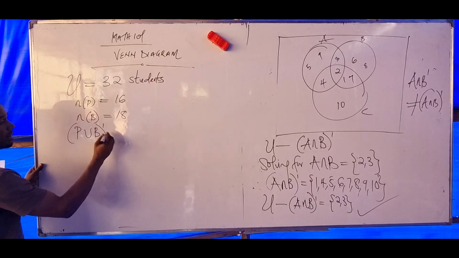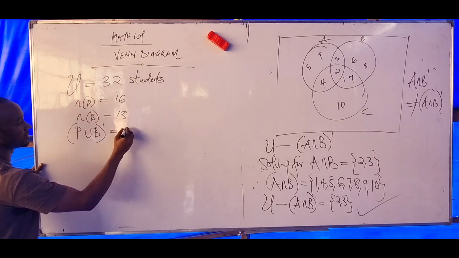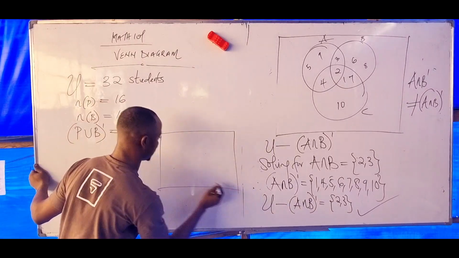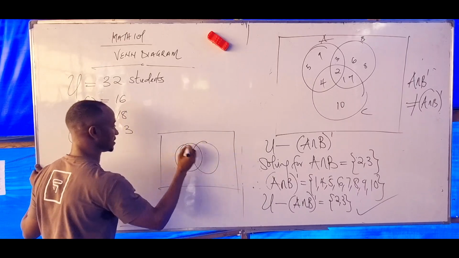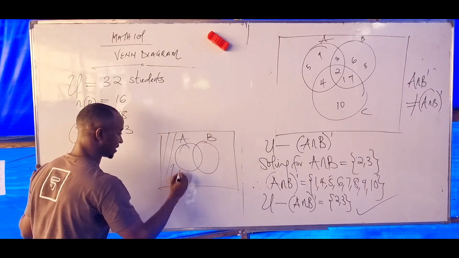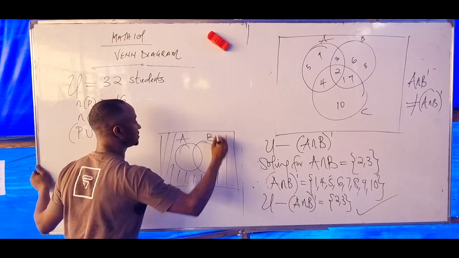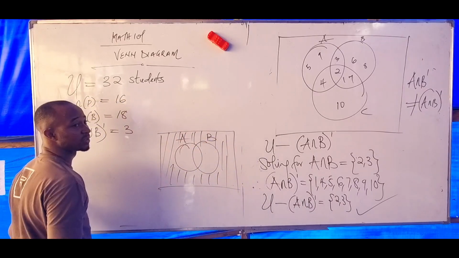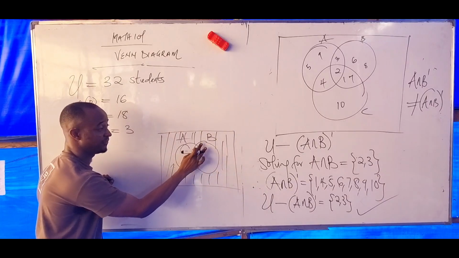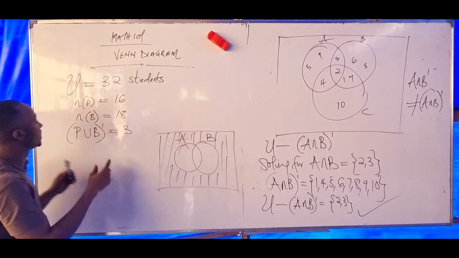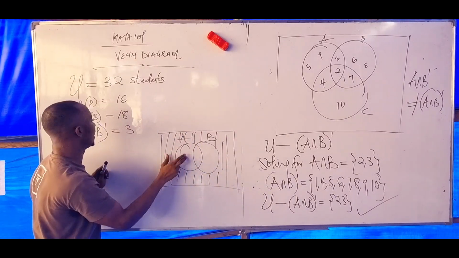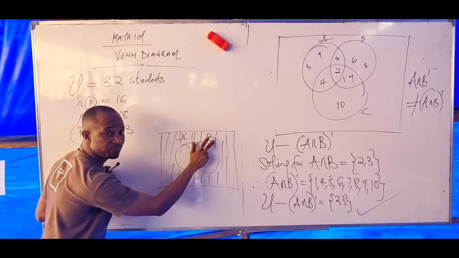Let me explain. Pay attention. We have this and we have this. If this is A and here is B, and this part is shaded, what do we call this set? Those elements found in the general set but not part of A or B. We are told that 3 are part of the general set but not offering either A or B. So where are they found?